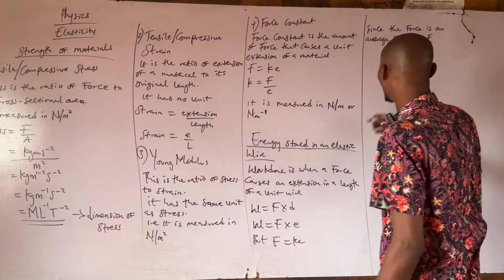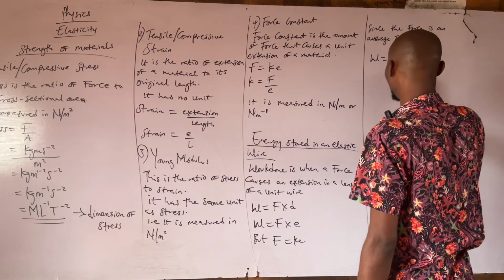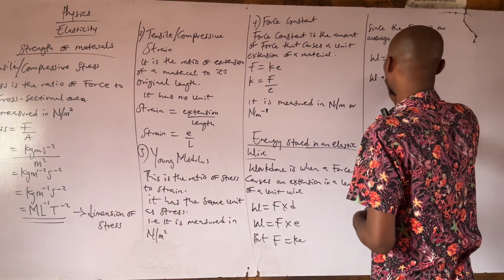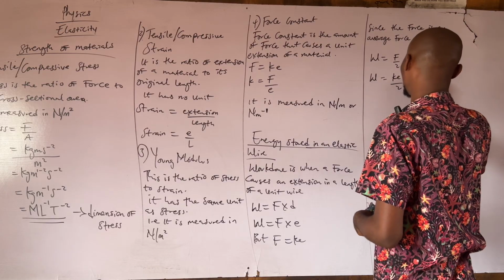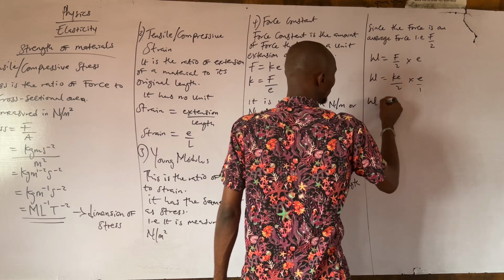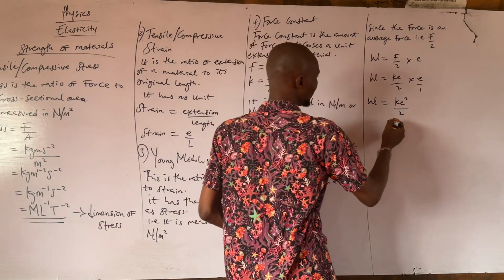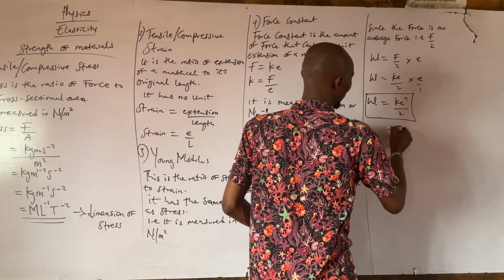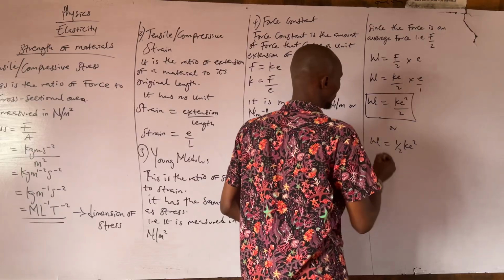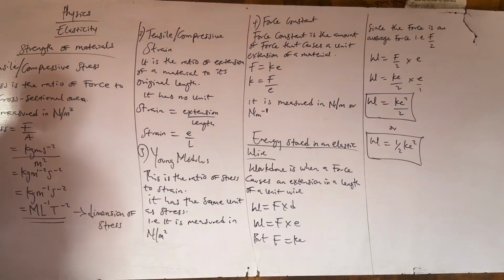So W is equals to F over 2 times E, and W is equals to KE over 2 times E. So W now is equals to KE square over 2, or W is equals to half KE square. This is the formula for work done in an elastic material.